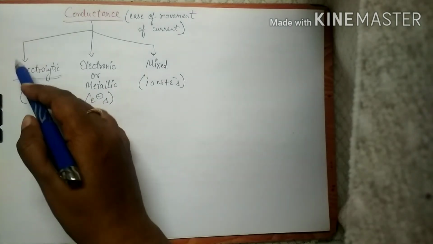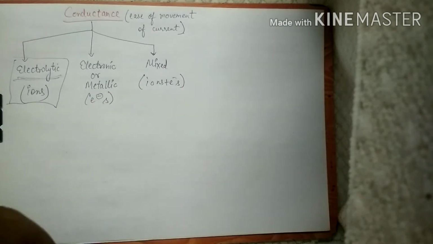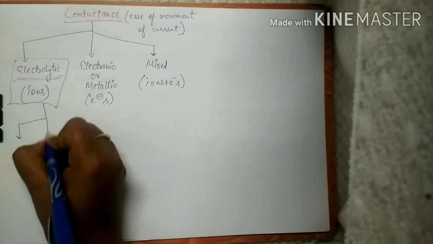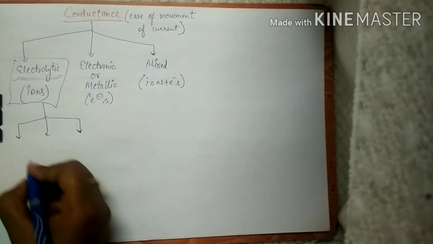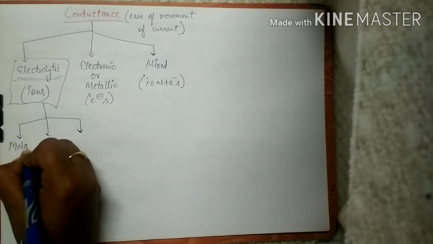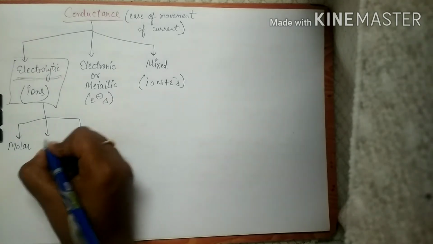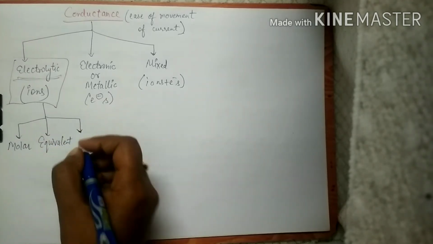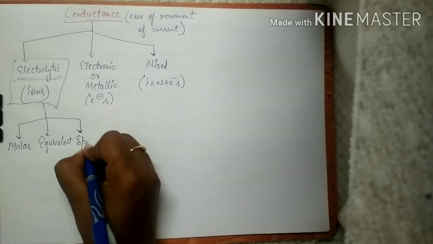So we are basically going to study about the electrolytic conductance, right? So electrolytic conductance is further of three types. It could be your molar conductance, it could be your equivalent conductance, also it could be your specific conductance.